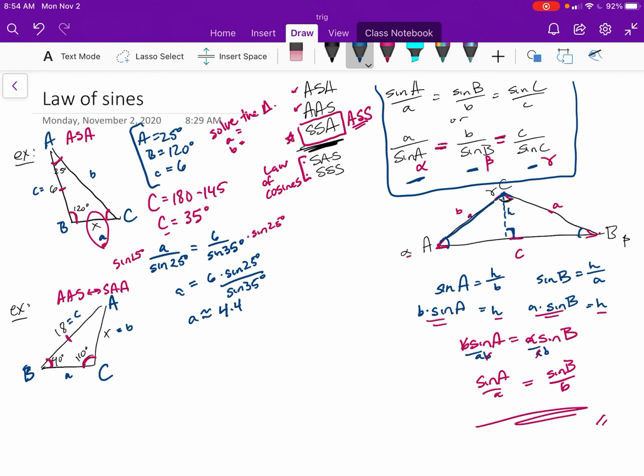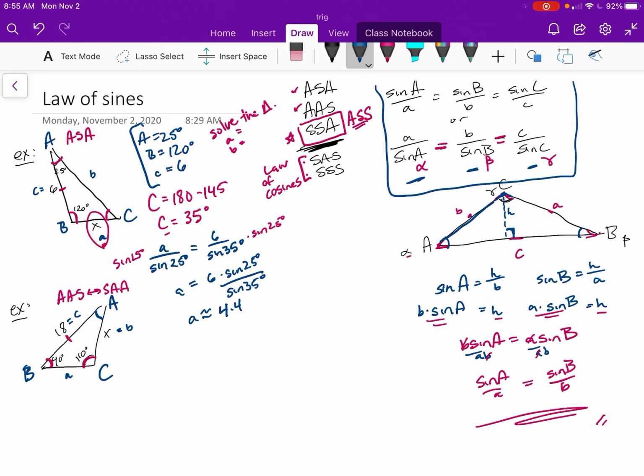So I have capital B and lowercase b is what I want, and I have capital C and lowercase c. Therefore, I don't need this angle A. If it said, again, solve the triangle, easy to do. I can look at it. I know that's going to be 30, but I don't need it in this problem.